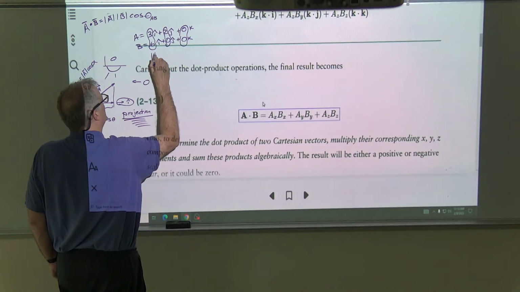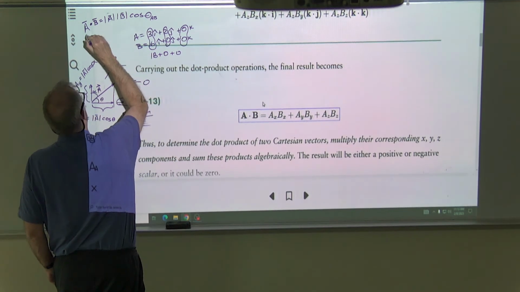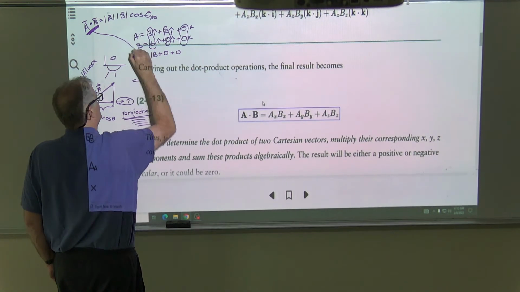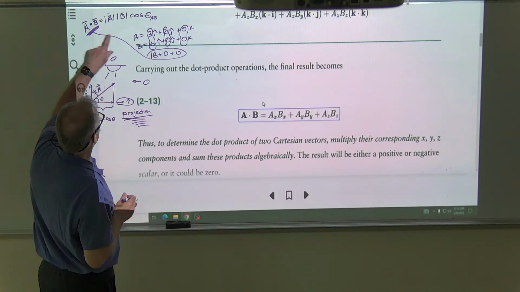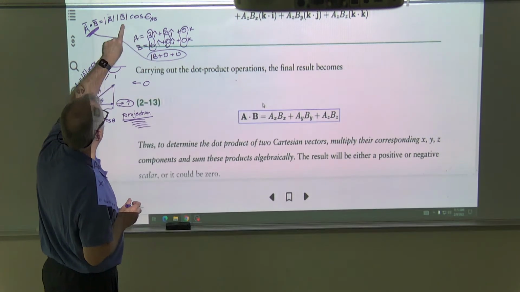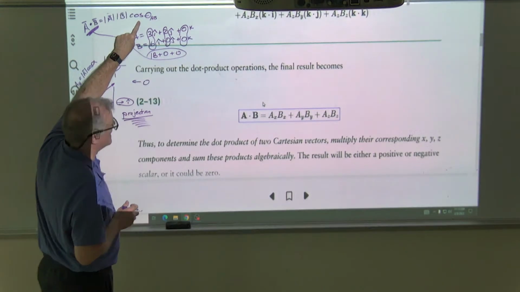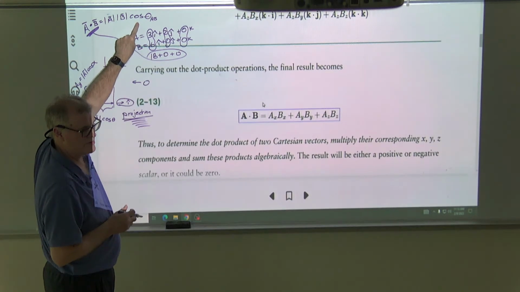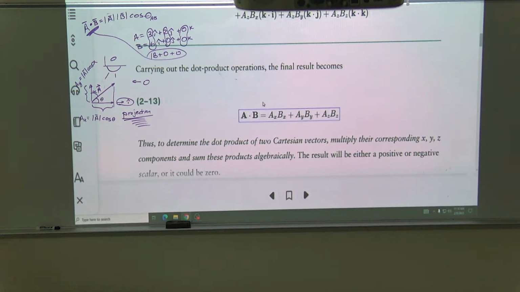So I'd get 18 plus 0 plus 0. So actually this term, which is a scalar, would be 18. And then you would take the length of A, put it right here, the length of B, which is actually 6. You would have that, and you wouldn't have the cosine of the angle. So you just solve for that. It's just that simple.